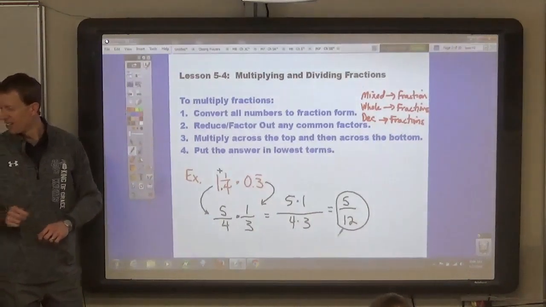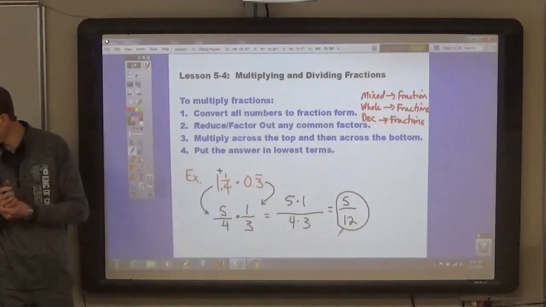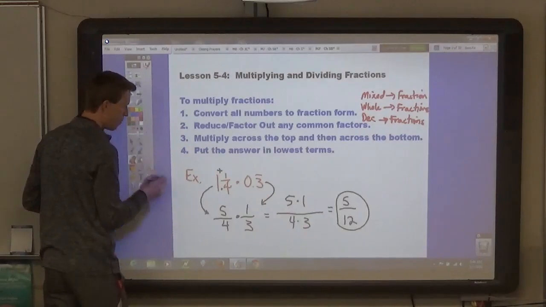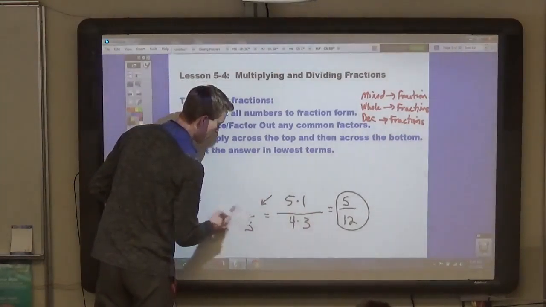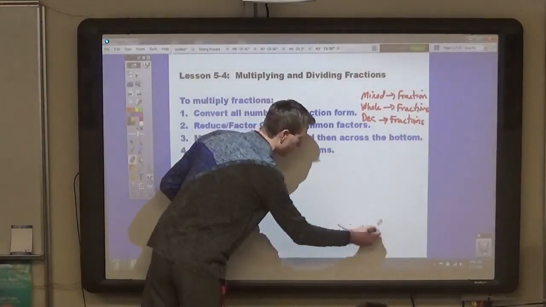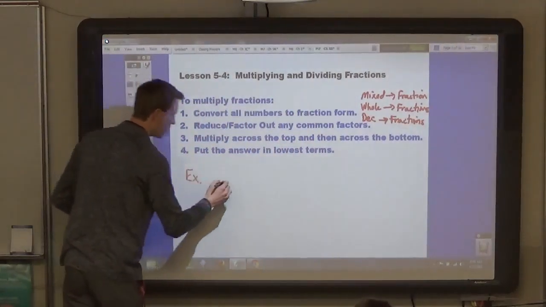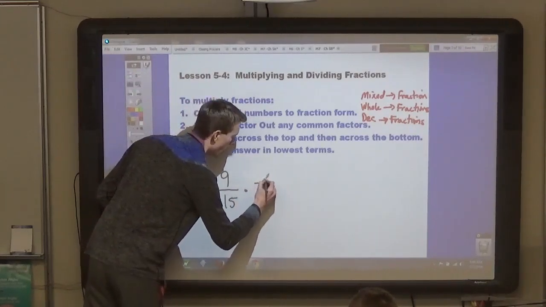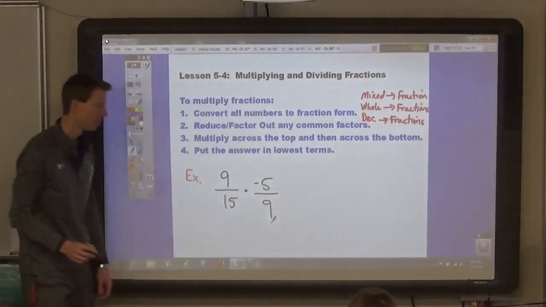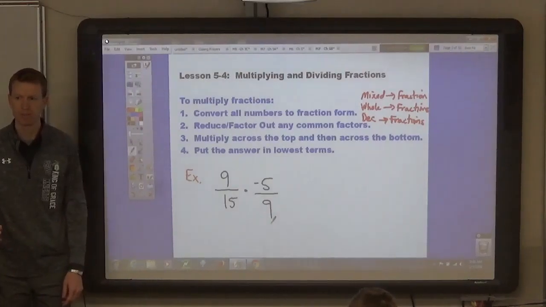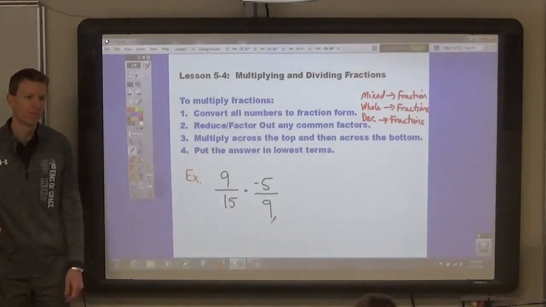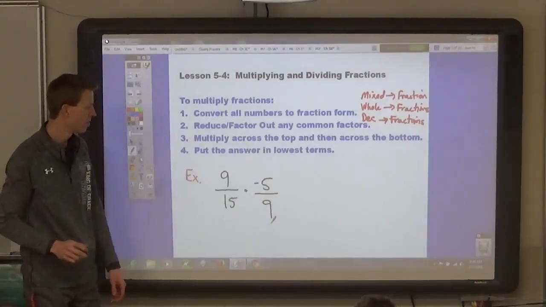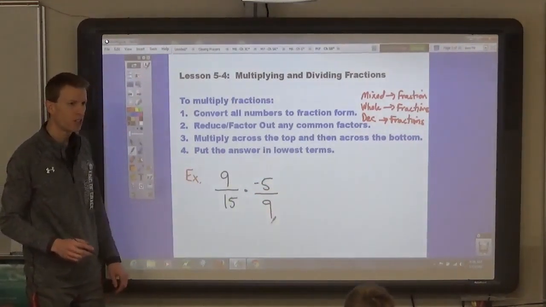All right, no problem. Let's look at example 2 in your book. 9/15 times -5/9. Now, both of them are already written as fractions. So we can just multiply.